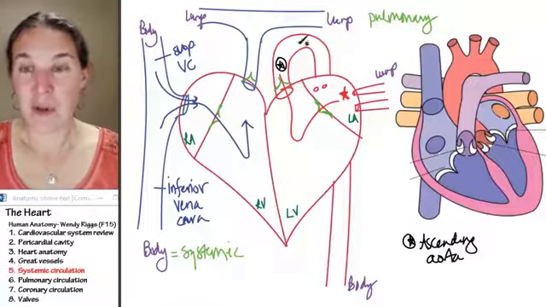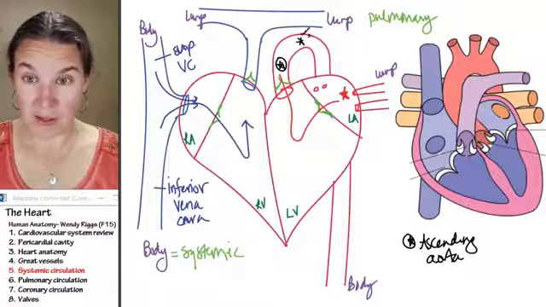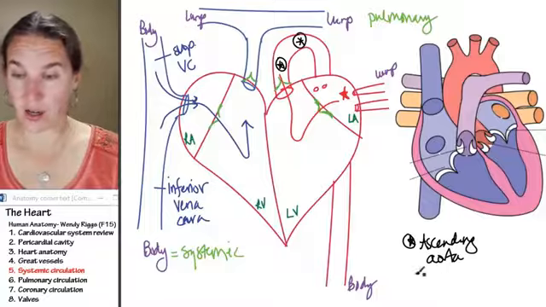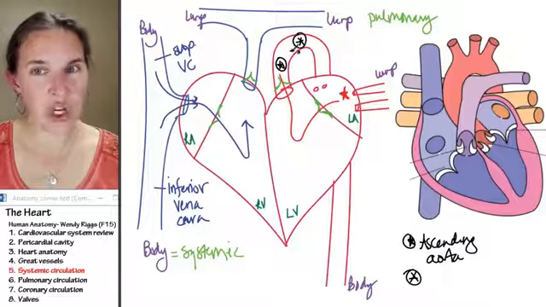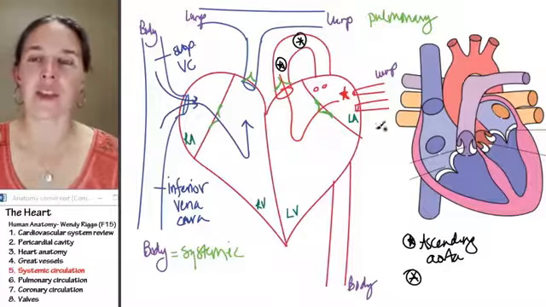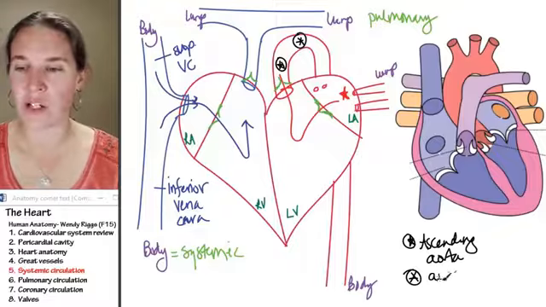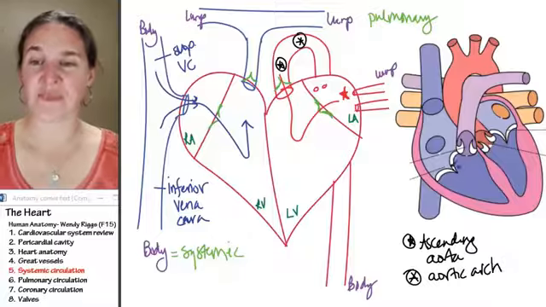All right, I'm going to make my other part look like this instead of a star, and then I'm making you a key down here. This is the ascending aorta, which turns into the aortic arch. I can totally handle aortic arch because it looks like an arch.